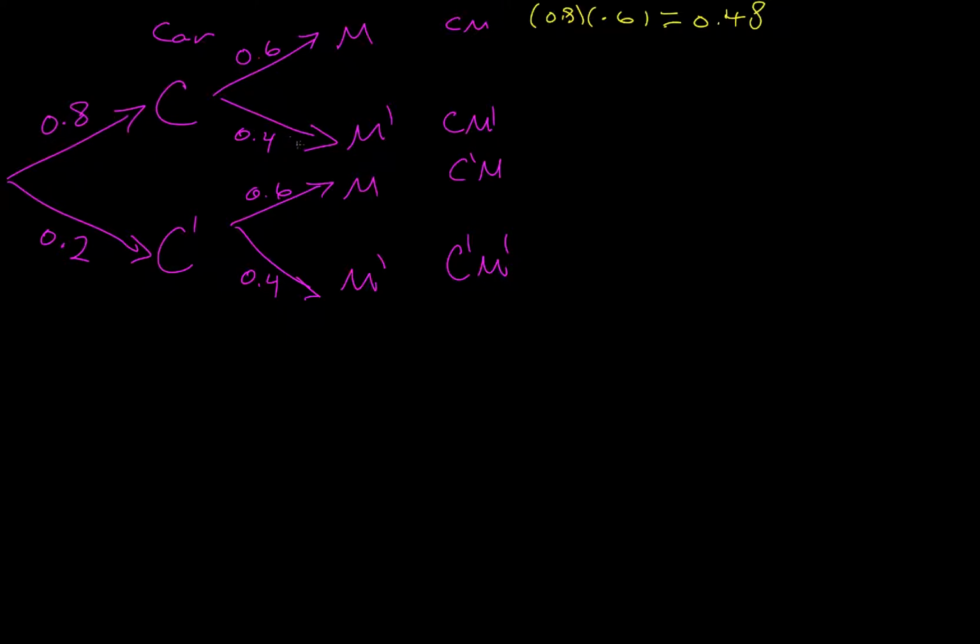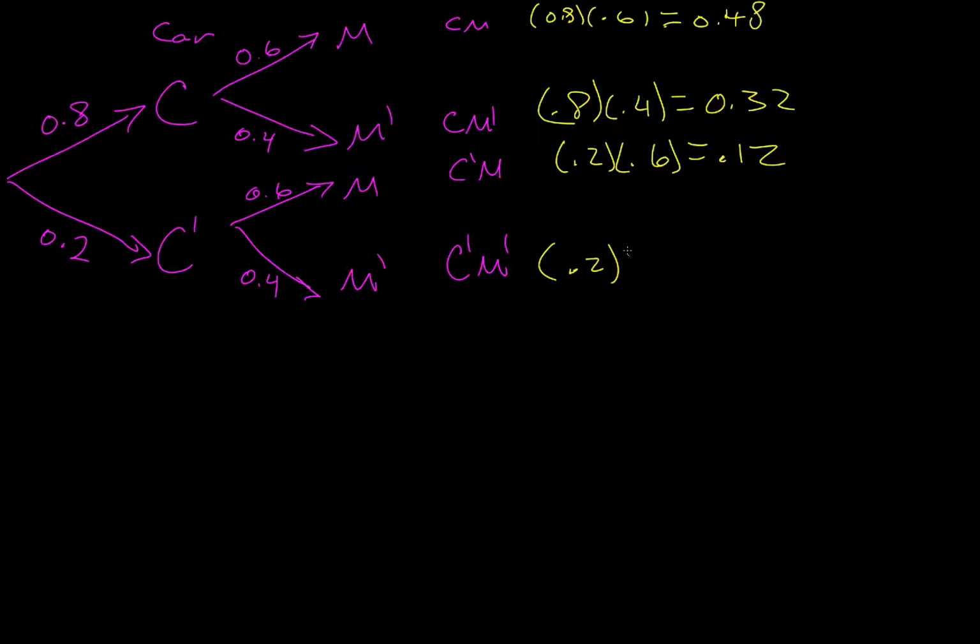This one is going to be 0.8 times 0.4, which is 0.32. Then 0.2 times 0.6 is 0.12. And then 0.2 times 0.4 is going to be 0.08. So I just followed these paths to get to these numbers.